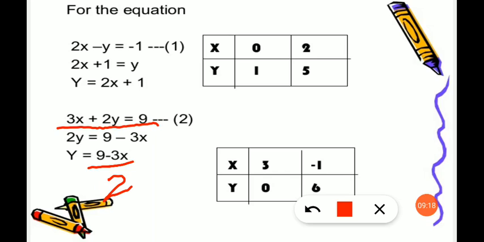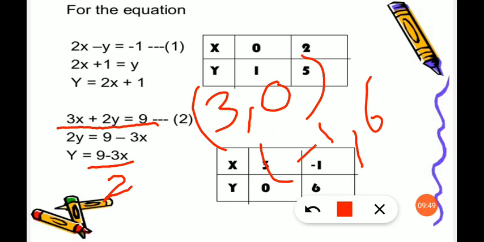So the first ordered pair is 3, 0. Now suppose x is equal to minus 1. Then minus 3 into minus 1 is 3, 9 plus 3 is 12, and 12 divided by 2 is 6. So the second pair is minus 1, 6.